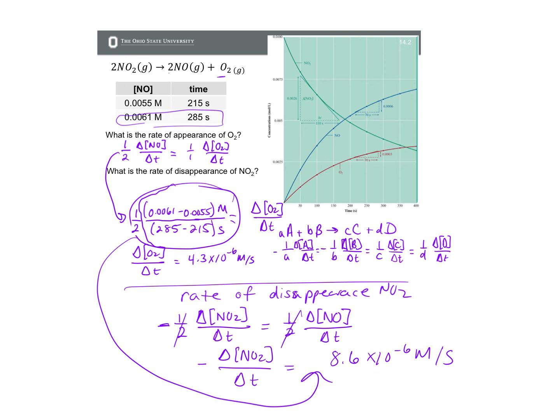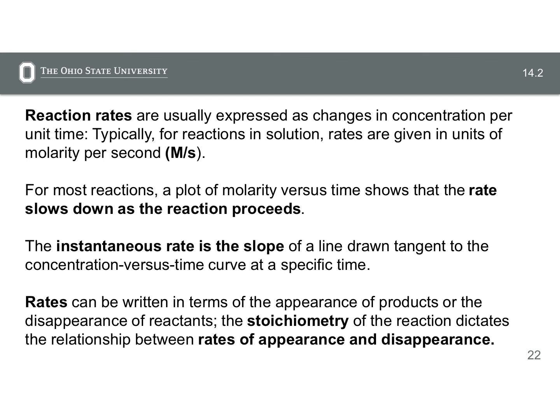That's just based on the definition of the change. Now, if you mess that up in your math and you realize you did that, you just change the sign. Anything else?